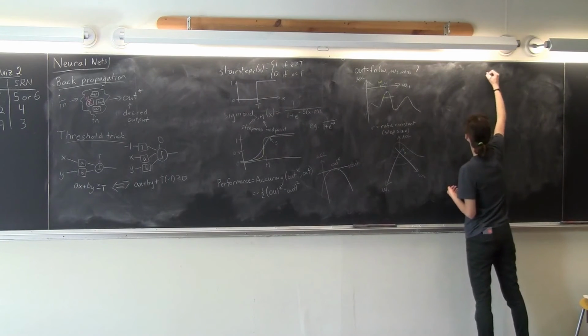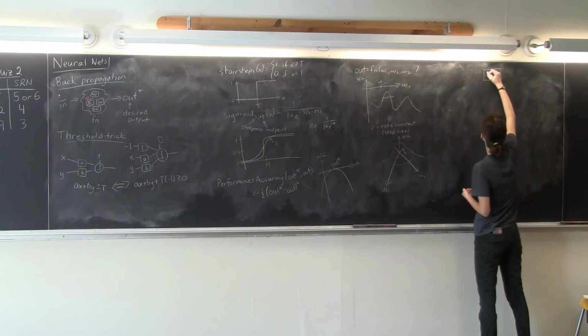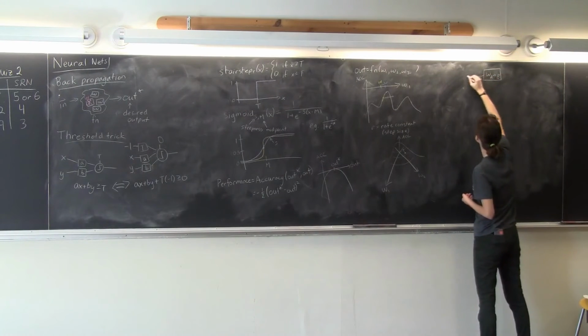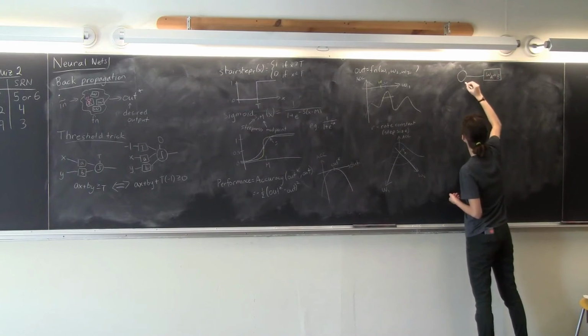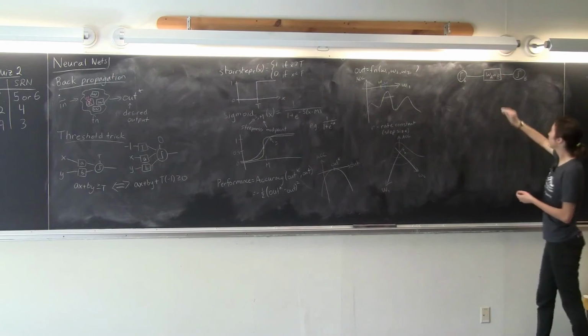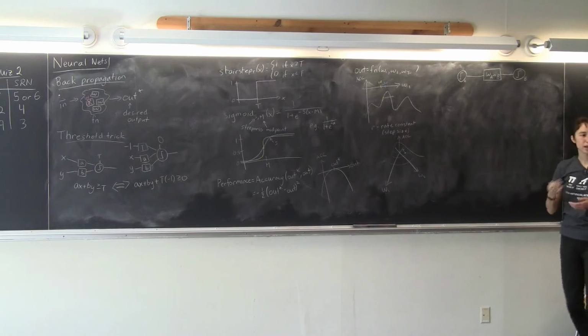So if we have, say, some weight here which is going from a neuron A to a neuron B, then here's the neuron A, and here's the neuron B. And let's say that we want to update that weight in backpropagation.